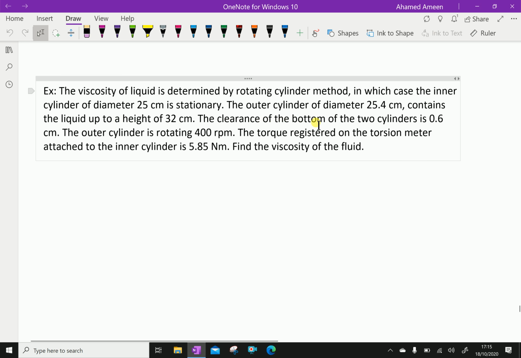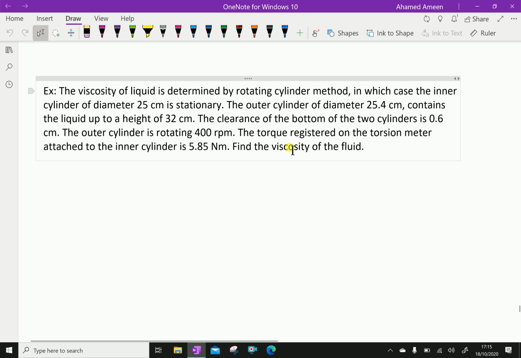The outer cylinder of diameter 25.4 centimeter contains the liquid to a height of 32 centimeter. The clearance at the bottom of the two cylinders is 0.6 centimeter. The outer cylinder is rotating at 400 rpm. The torque registered on the torsion meter attached to the inner cylinder is 5.85 Newton meter. Find the viscosity of the fluid.